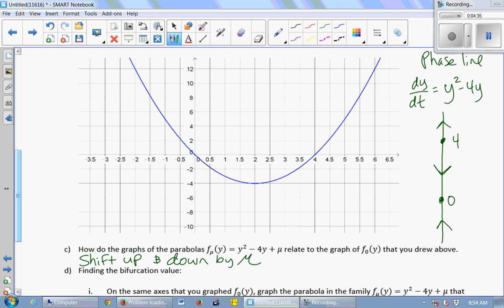Yeah, I'd have to move that graph up 4 units so that it would just touch the x-axis once, right? Because those x-intercepts are equilibrium points. And so going from having 2 to having 1 would happen when the vertex of the parabola was right on the x-axis.